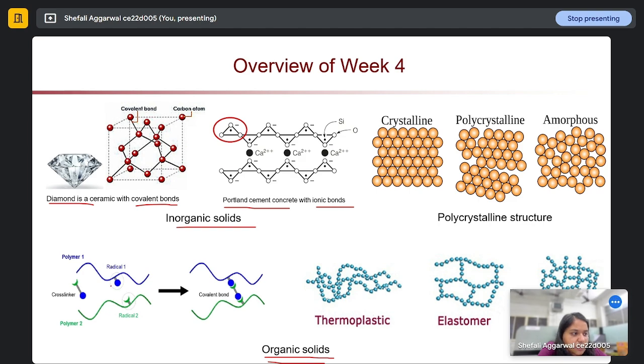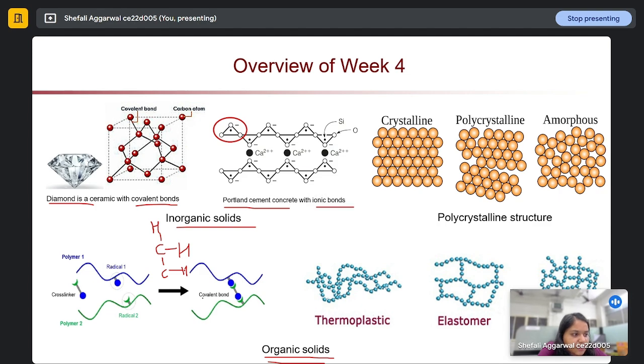They are long chains of carbon and hydrogen. A connection of multiple chains like this is called an organic solid.